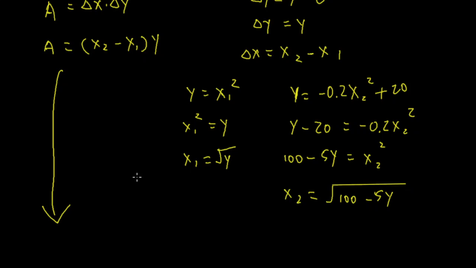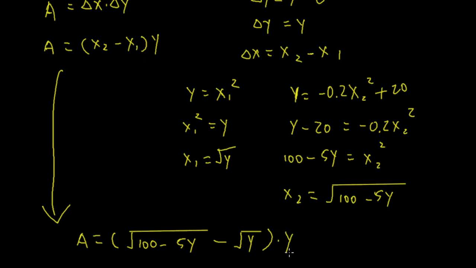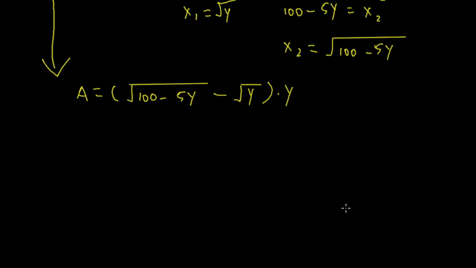So the area of the rectangle is, now x2 is this, square root of 100 minus 5y, minus x1, which is basically square root of y, times y. Okay, see? We have everything in terms of y now.